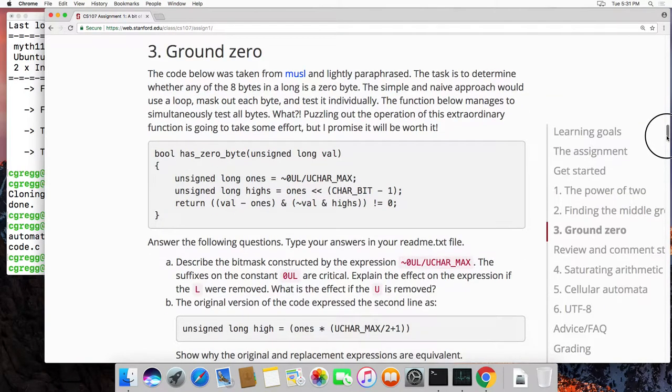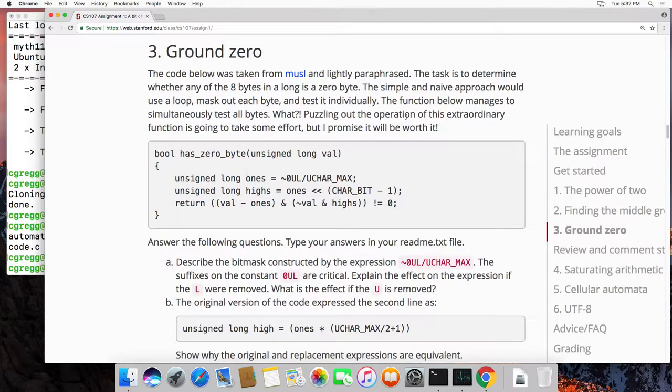All right, the third one, also another read some code here, is an interesting way to figure out if any bytes in a particular integer are 0. Okay, you might think to yourself, well, one way to do that is I could loop through all the bytes. You could, but this is a much, much faster way.